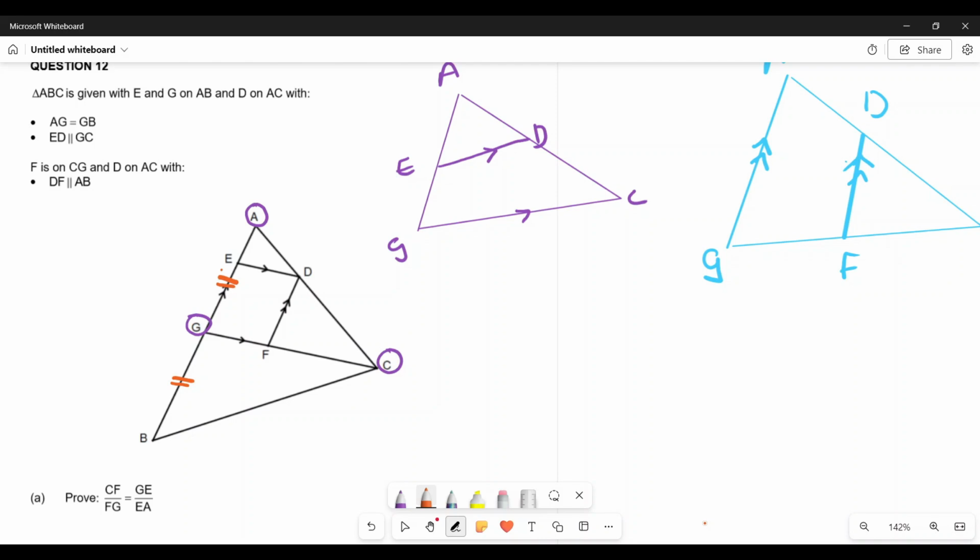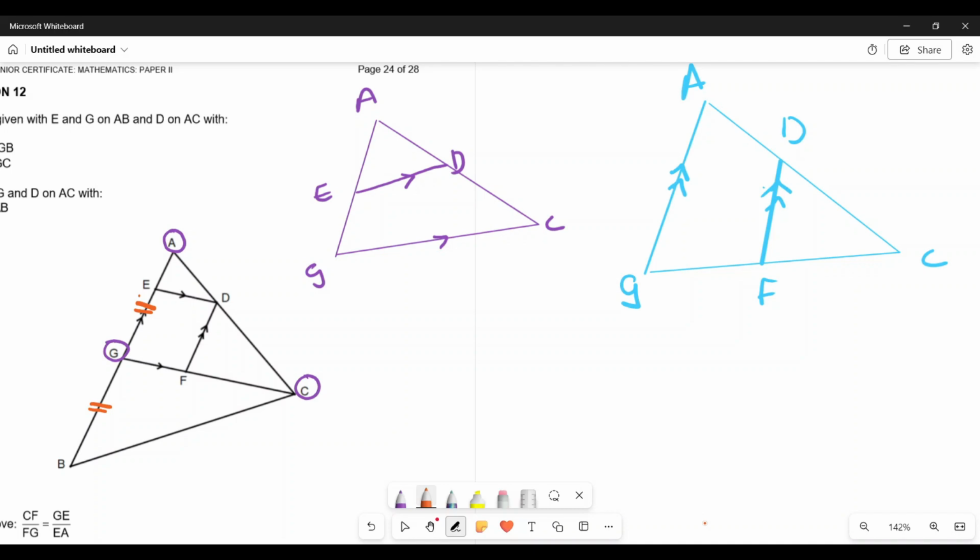So I can use this other triangle here. If I take CF divided by my FG, I'm going to use the very same triangle. So CF over FG, I need to prove that this is equal to GE over EA. This is on the other triangle, GE over EA.